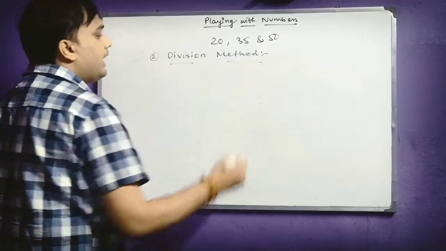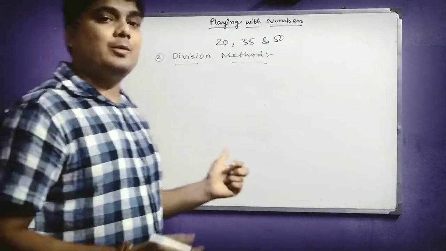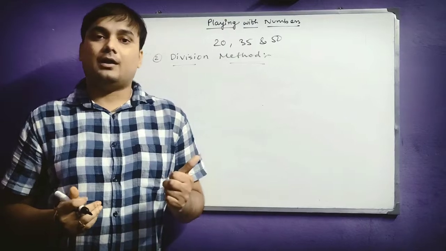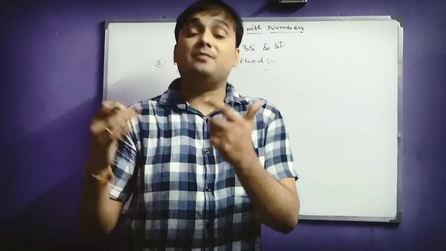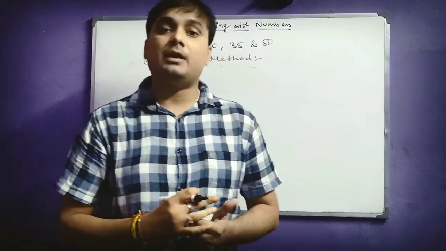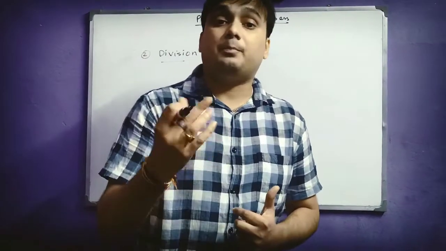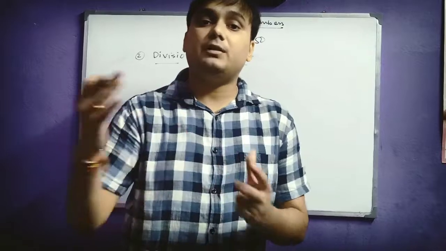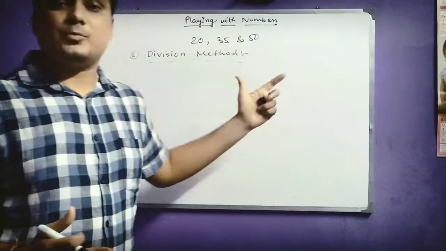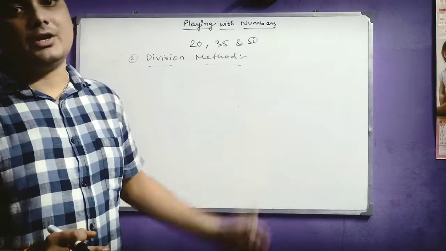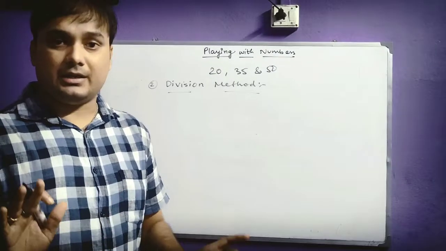This is very helpful and many students prefer this method, because you don't have to think about the prime factors. When you are solving by prime factorization, there is one problem: you have to think about the prime factors for all the numbers individually. But here, if your calculation is strong, we can do it very easily without thinking anything.